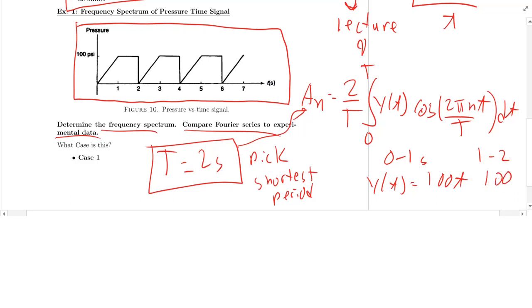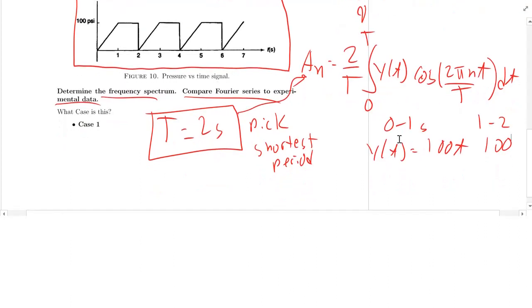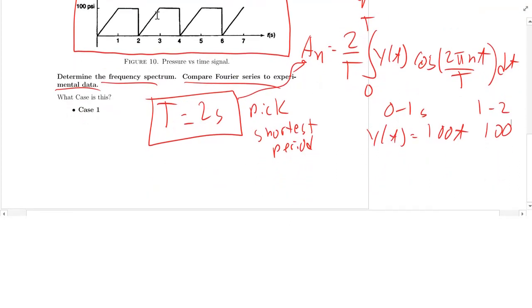So with this information known, I can now start to plug and play into this equation here. So if I want to calculate a sub n, I am going to substitute it in.